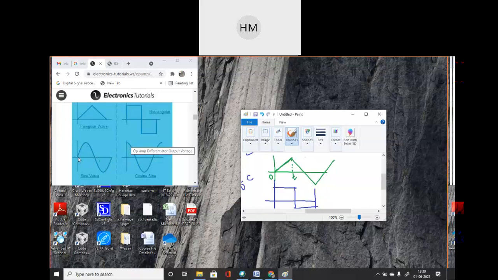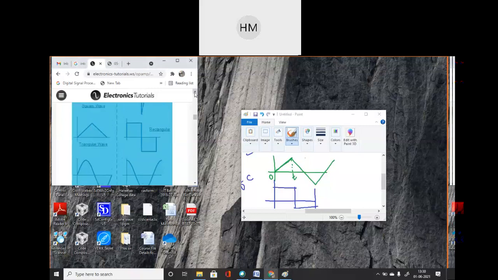Sine wave is 0 at 0. Here at 0 you have a 90 degree peak. Clear? Triangular wave you can see. Okay? Rectangular output you will get. For a square wave you will get spikes at the output. So this is a major basic concept of your differentiator circuit.